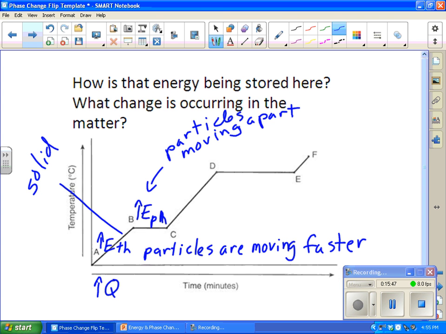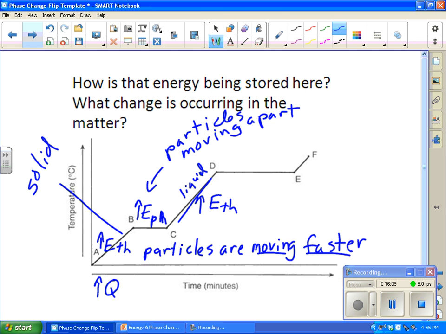What's happening between C and D? Again, we have an increase in the ETH. How do we know this? The temperature is rising. We have liquid here. The particles of the liquid are moving faster.